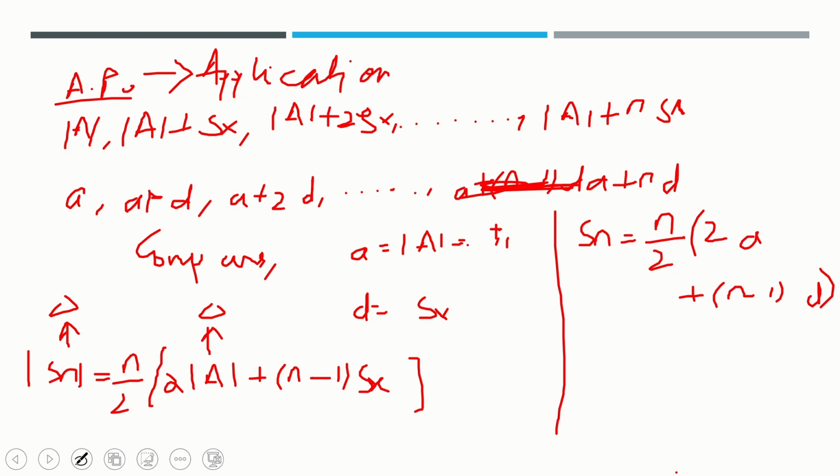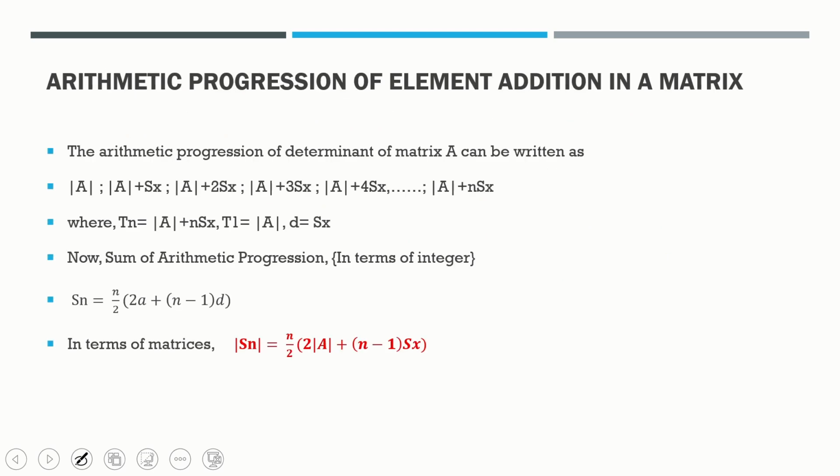This is the application of this element addition in a matrix, and you can see all the things have been written over here. This is the AP. These are the additions.